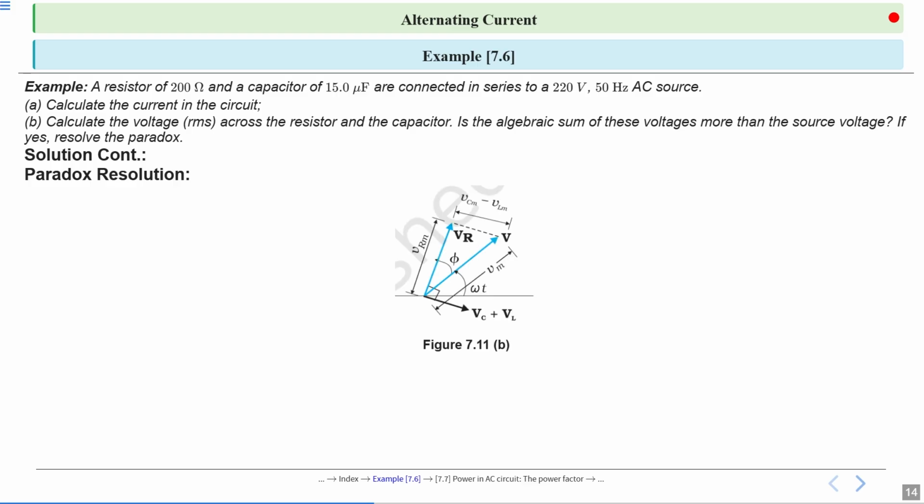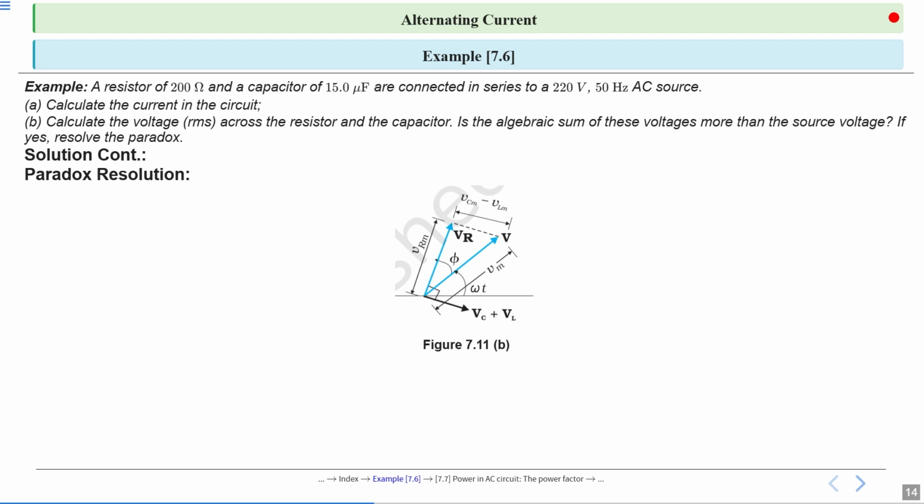In figure 7.11b from NCERT, if we remove this VL, because the inductor is not there, VL will be 0, and also VLM will be 0. Only VCM and VRM will be there. VCM is shown by this dark black arrow, and VR is shown by this sky blue arrow.